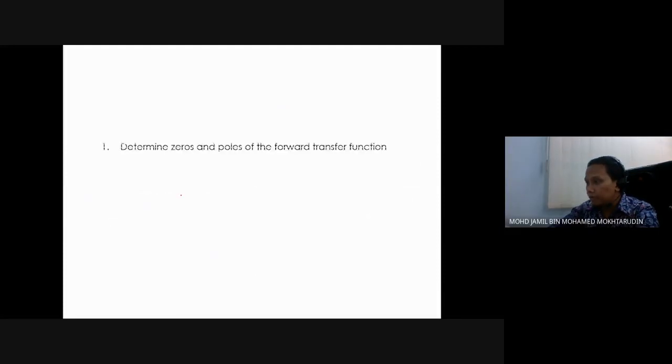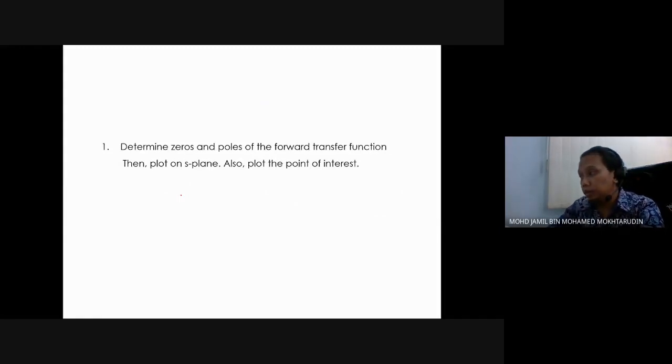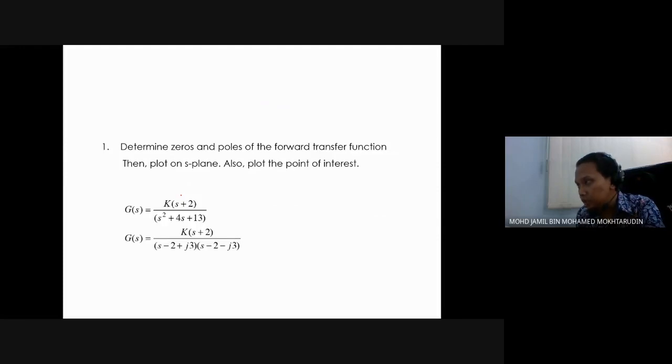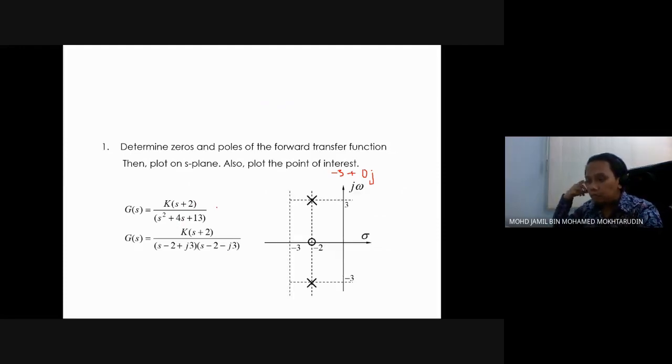Firstly, you determine the zeros and poles of the forward transfer function. Then you plot the poles and zeros on the S-plane, and also plot the point of interest, which is minus 3 plus 0j. From this transfer function, the zero is minus 2 and the poles are minus 2 plus 3j and minus 2 minus 3j.